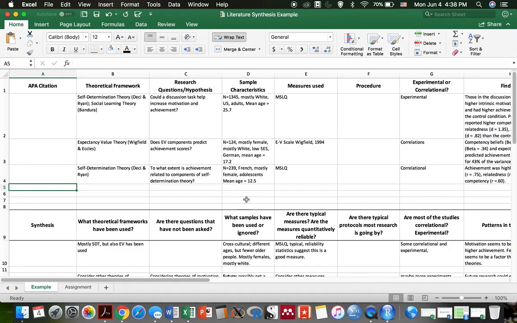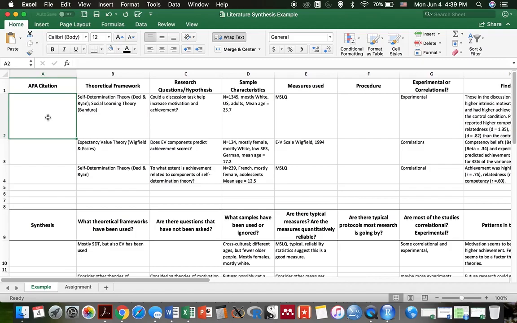So that just depends. But you could have 4 different entries from one article if there are 4 different studies. That might help somewhat because you might find a pattern across the 4 different studies. Does that make sense?